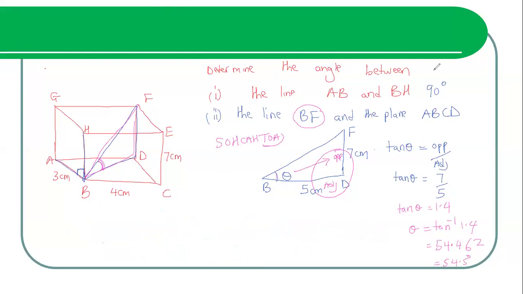Part 3 is saying the line BG and the plane EFGH. So I'm asking everyone to first look out for that plane. Don't cram, because the moment you cram, you'll find yourself failing. So extract those planes, draw the lines, and then find out.